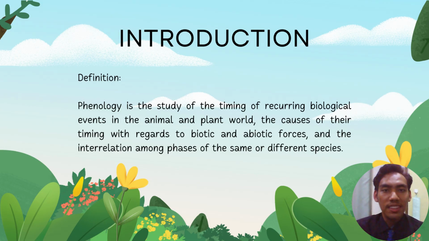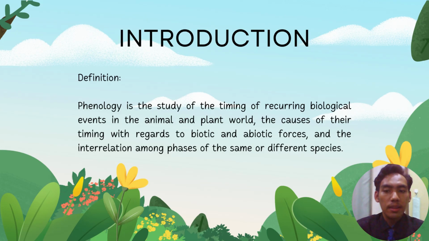Okay, next for introduction. What is phenology? The definition of phenology is the study of the timing of recurring biological events in the animal and plant world, the causes of their timing with regards to biotic and abiotic forces, and the interrelation among phases of the same or different species.